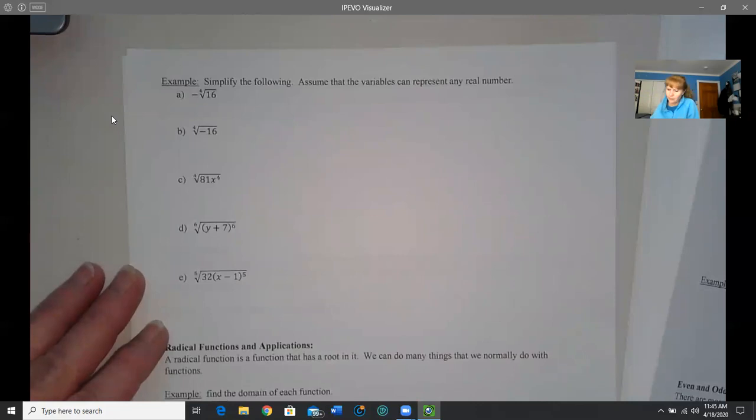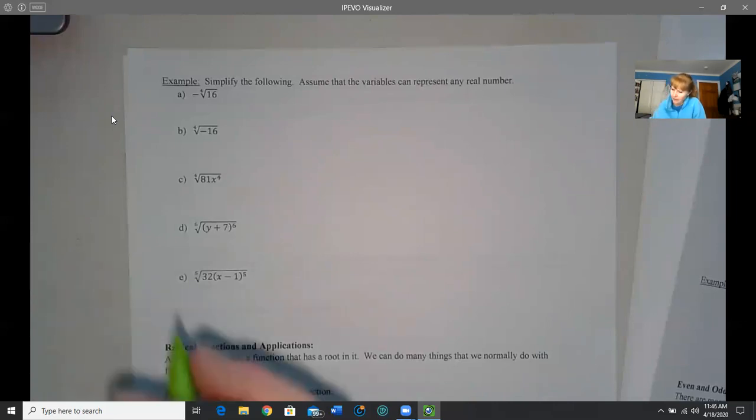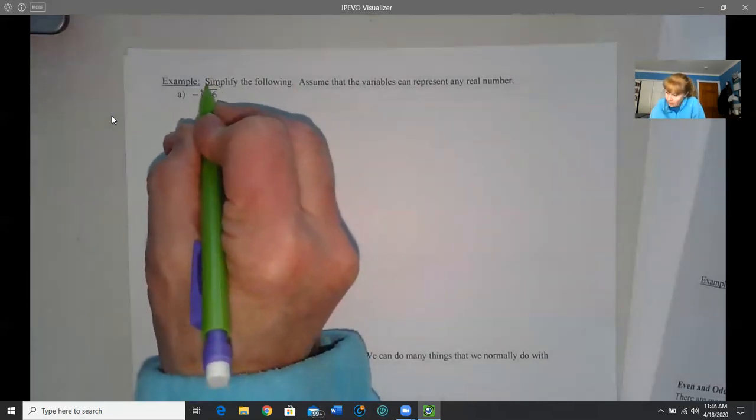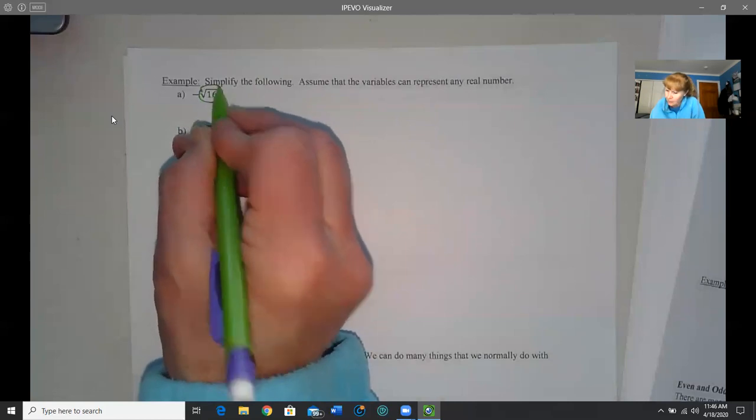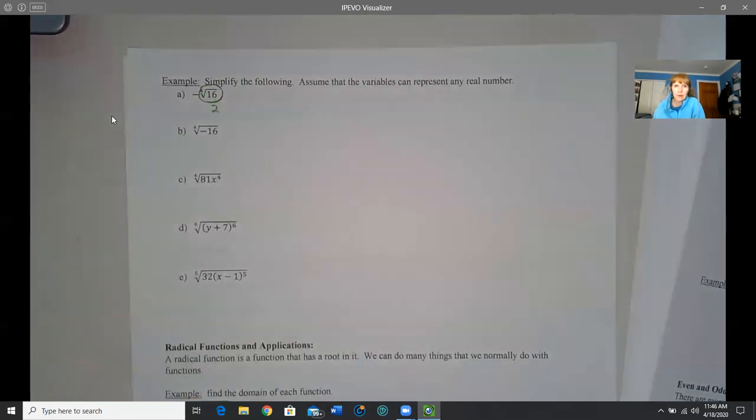So I'm glad we're reviewing some more of these. Look at A, the negative is on the outside. Okay, so we're good. As long as it's not on the inside. If it's on the inside, then you would say no real solution. But here, I know just from the previous problem that that's equal to 2, because there are 4 2's in this right here.